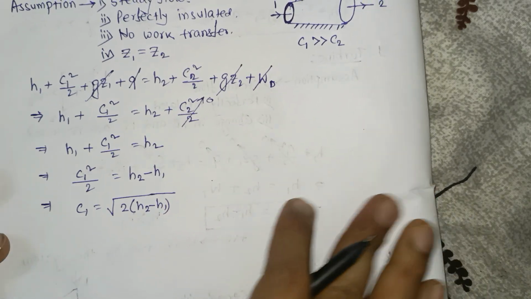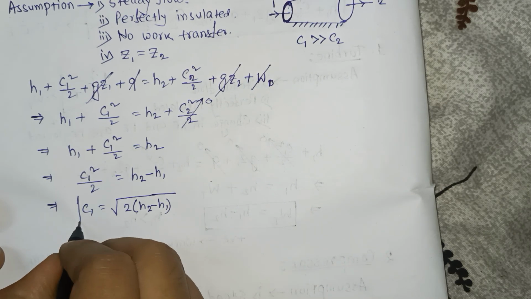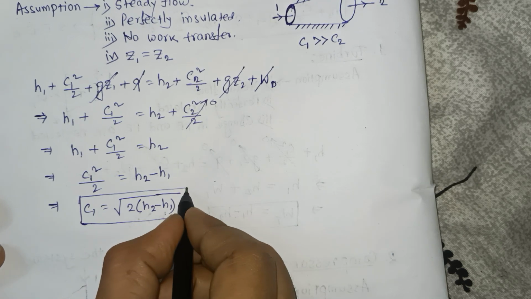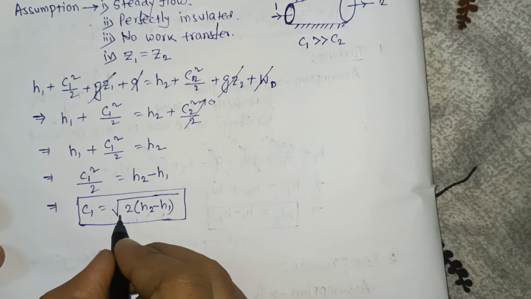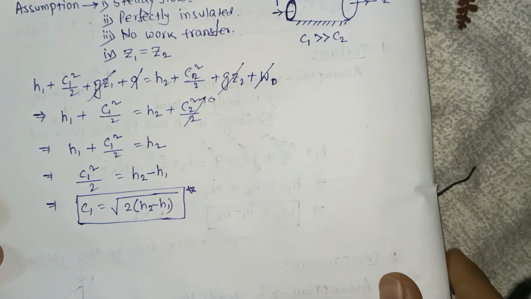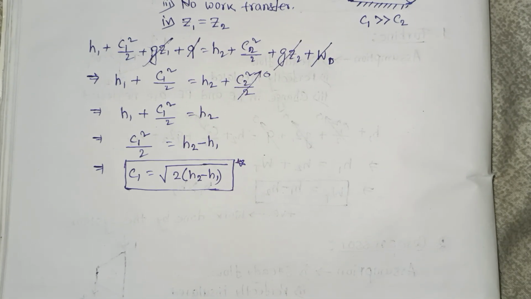Okay, so this is how you have to calculate the diffuser inlet velocity, 2 into under root (H2 minus H1). Important.